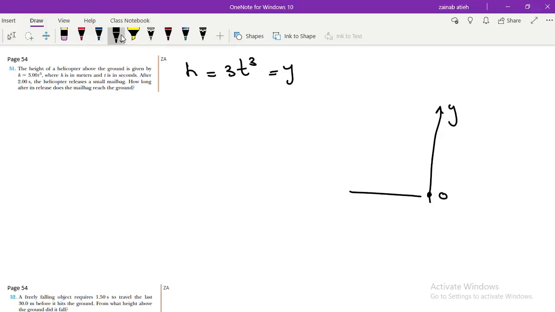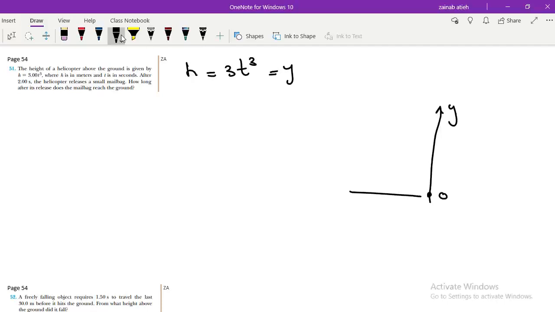It's moving upward. So what matters to me is the time t equals 2 seconds. Where was the helicopter at 2 seconds, and what was its speed? Because depending on its height and speed, the mailbag's speed will be determined, and also how long it needs to reach the ground. So let's first find the position and the velocity of the helicopter when it threw the mailbox.